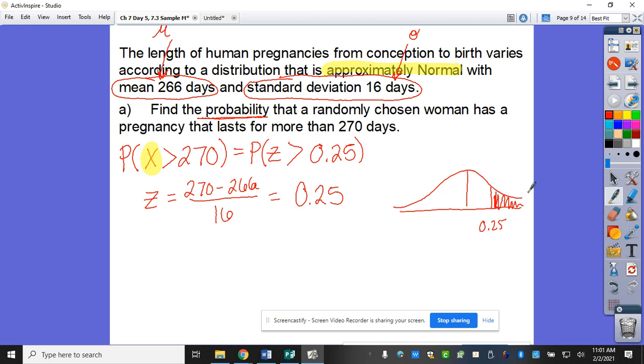What do I need from my sheet? And the area for Z equals 0.25 is what? Is that my answer? And why should I look at my picture and know that that's wrong?